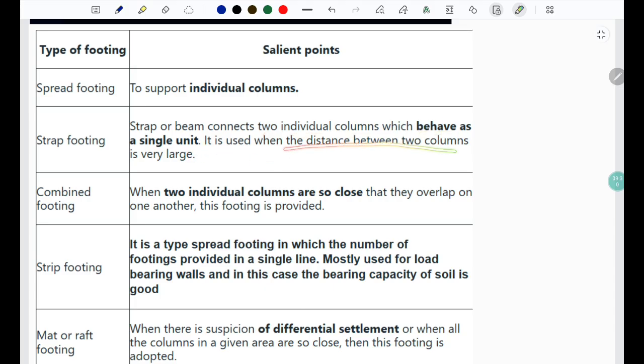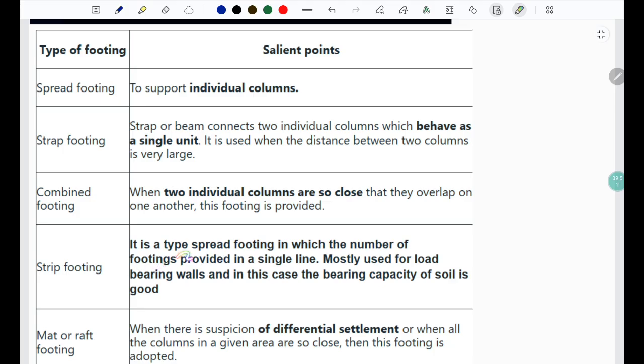It is used when the distance between the two columns is very large. Then comes combined footing, when two individual columns are so close that they overlap. If I have these two columns, then instead of giving individual footing for each, I will give a combined footing.